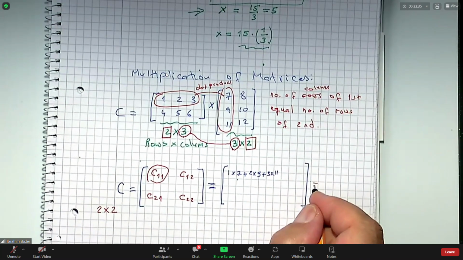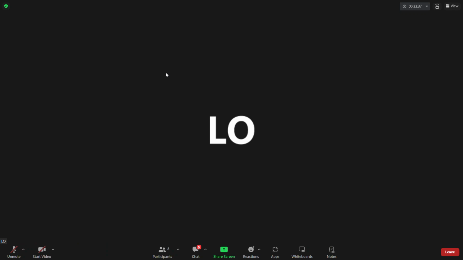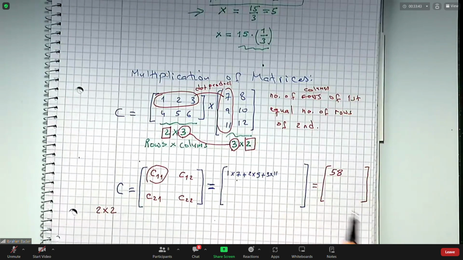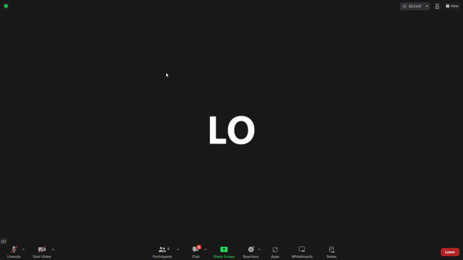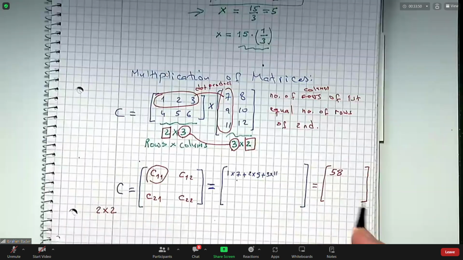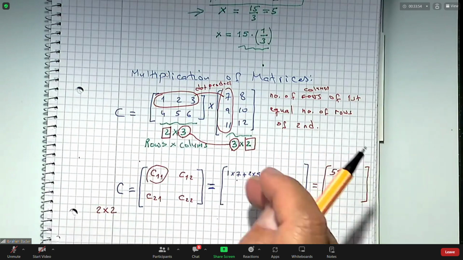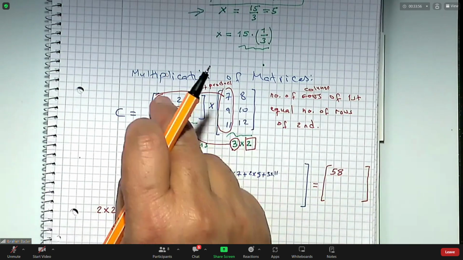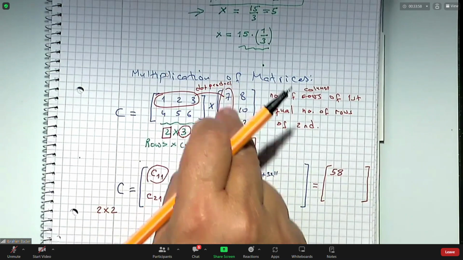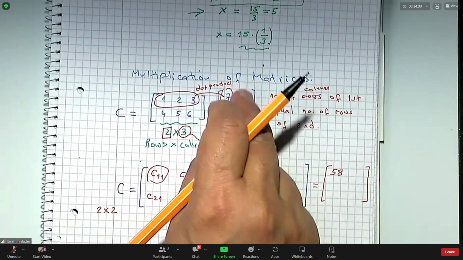So the outcome here is 58, right? Is it clear how we found this first element? Okay. Now the second element. We generate the entire first row by multiplying this row first with this column, then with the second column.